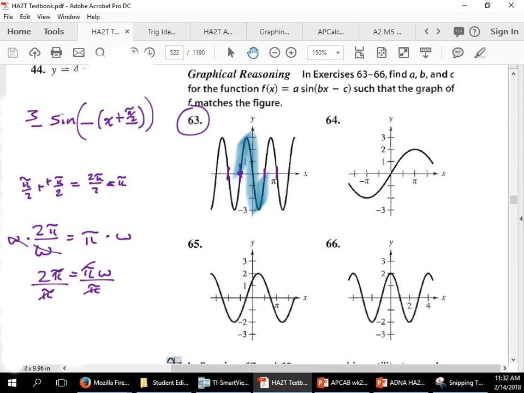All right, we have omega equaling 2, just like what you guys said. Now, if I multiply 2 out, I would get 3 sine 2x plus, what's 2 times pi over 2? Pi. So there you have it. There's your A, there's your B, and there is your C.